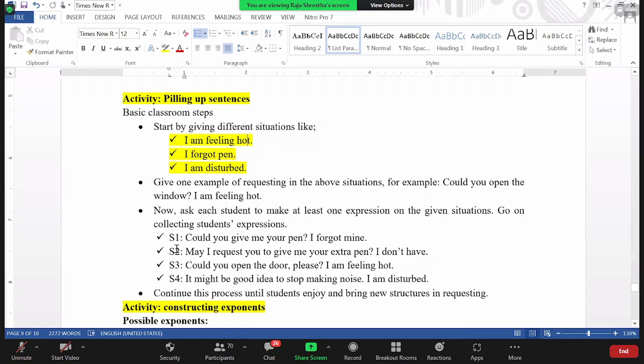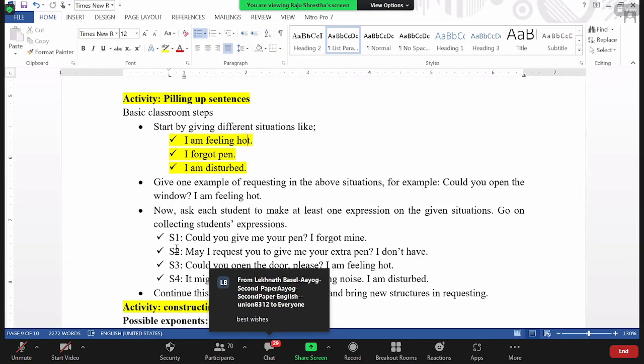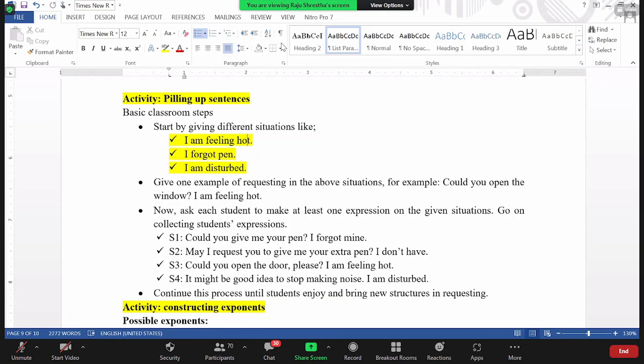Then students go on expressing good wishes: good wishes for your upcoming exam, best of luck for your upcoming exam, good luck, best of luck, have a nice time ahead. This kind of different good wishes students express, and the teacher goes on collecting, compiling, and they make a long list of expressing good wishes.